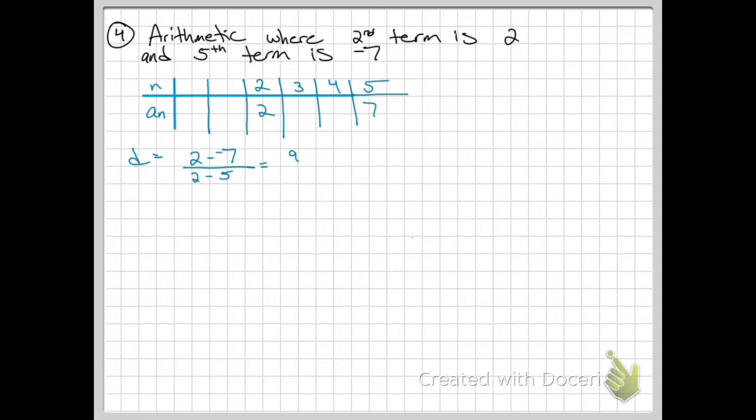That's going to give me 9 over -3, so it tells me d is -3, which makes sense because we went from 2 to -7. Now that you know -3, you could go +3, plus 3 to find that 0 term, or you can use an equation.